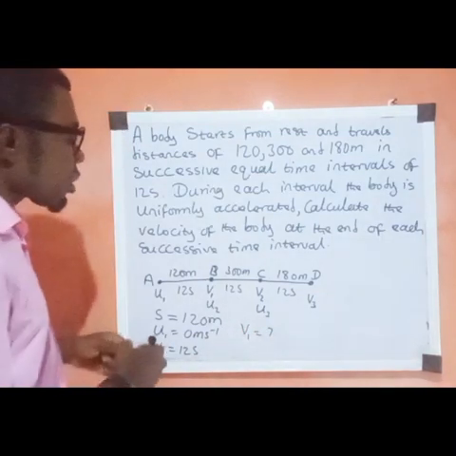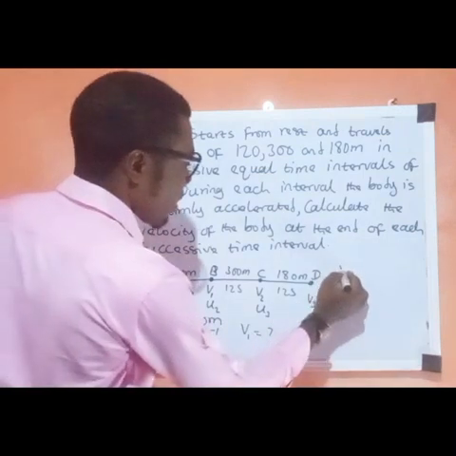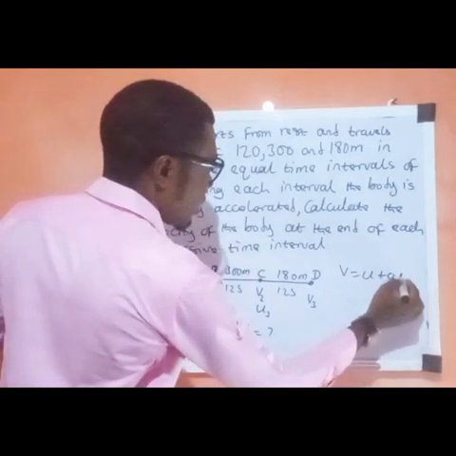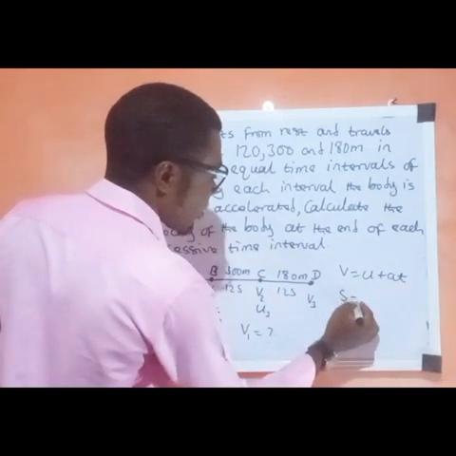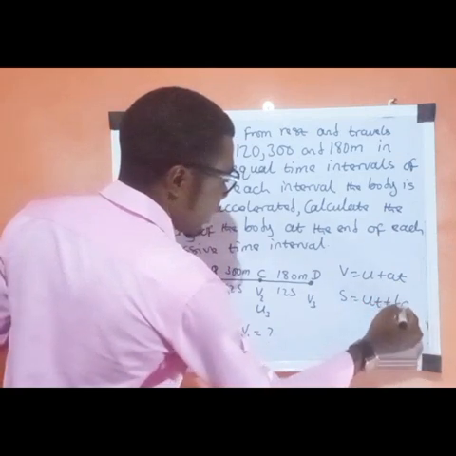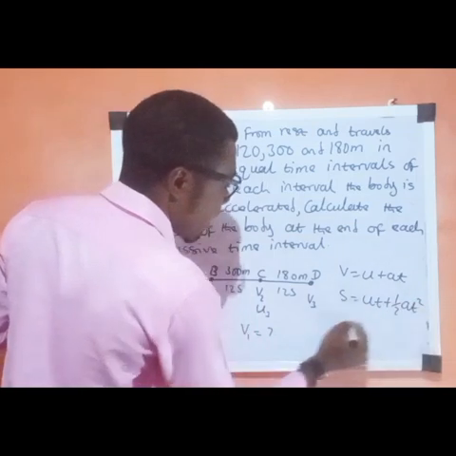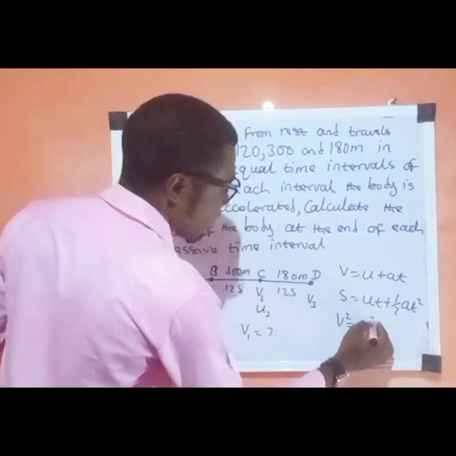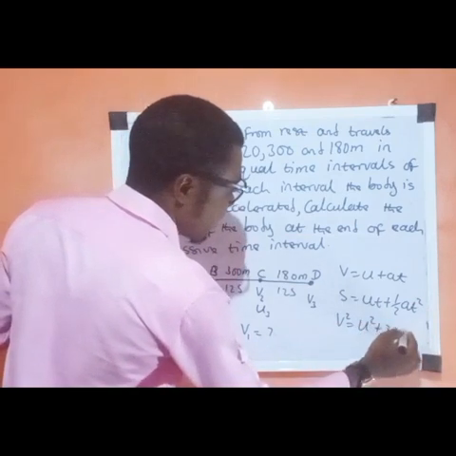If you recall our equations of motion, equation 1 says v equals u plus at, equation 2 says s equals ut plus half at squared, while equation 3 says v squared equals u squared plus 2as.